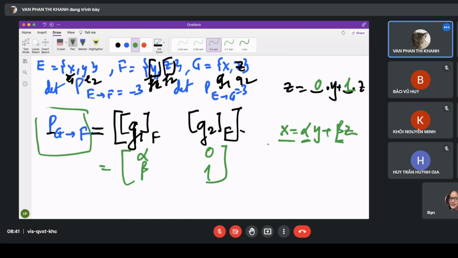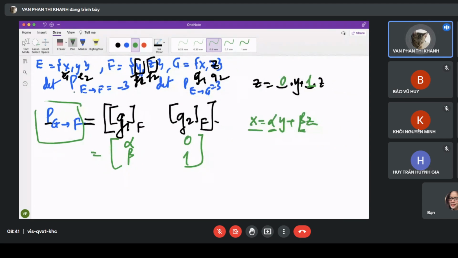Understand the way, right? So we have to find the matrix P from E to F such that its determinant equals -3. What does it mean?